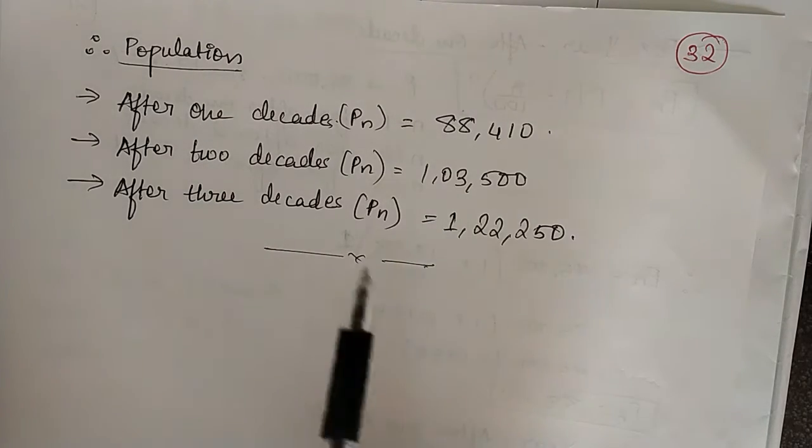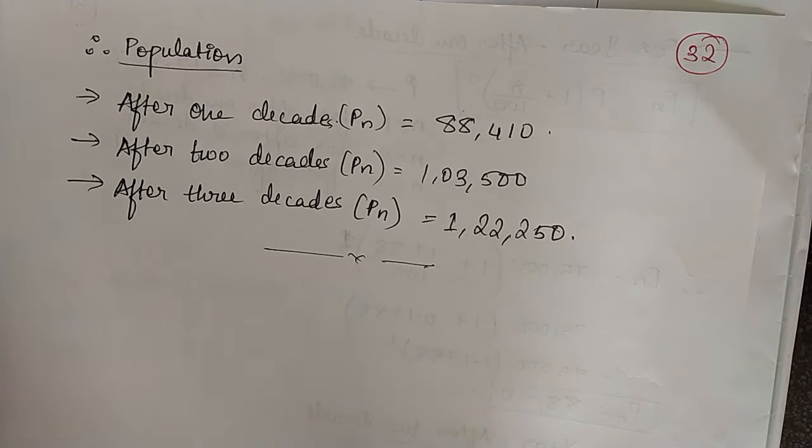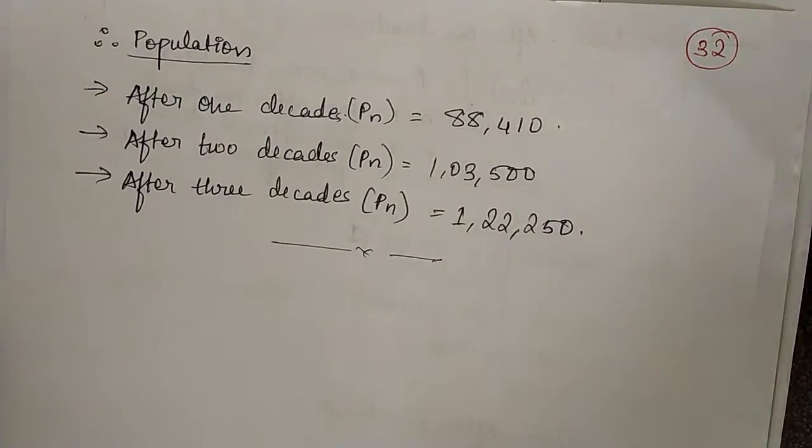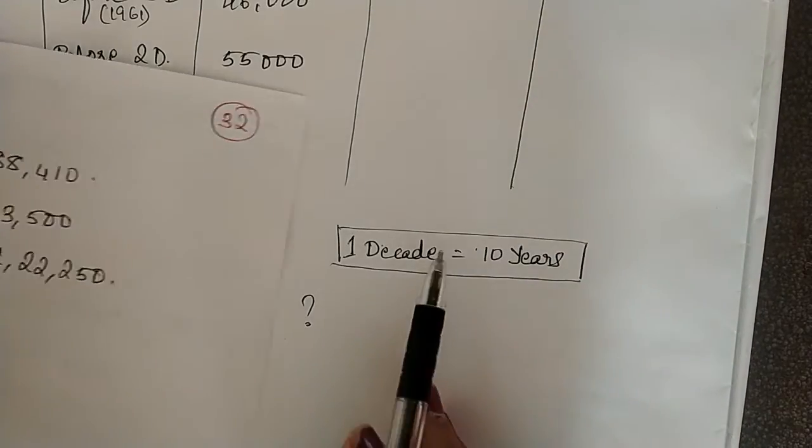So like this you can solve the problem in case the year is not mentioned. Such type of problems can also be asked in your question paper, where the table is not given directly, they have mentioned the population, but the year is not given. Here it is mentioned in terms of decades. One thing you have to remember is this relation: 1 decade is 10 years.